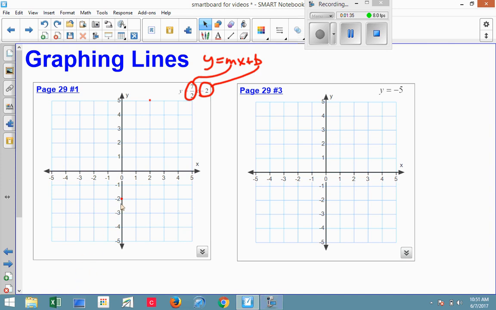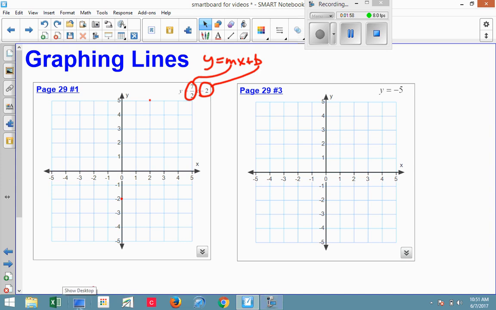If I had more graph paper here, I could also go 7 down and 2 to the left to get another point. I'm going to go ahead and try and do that even though I'm off my grid a little bit. So down 1, 2, 3, about 4, 5, 6, 7 about here, and to the left 2 takes me to about there.